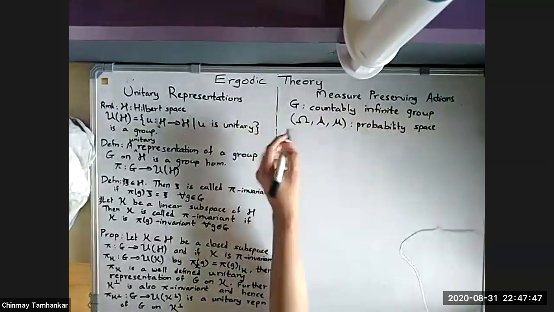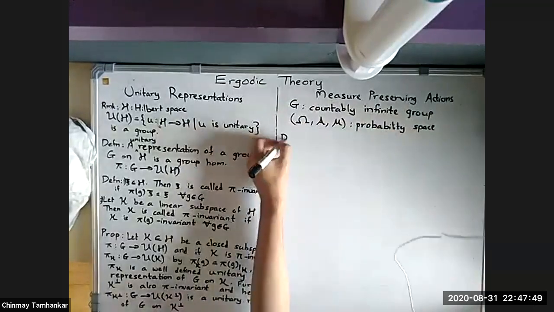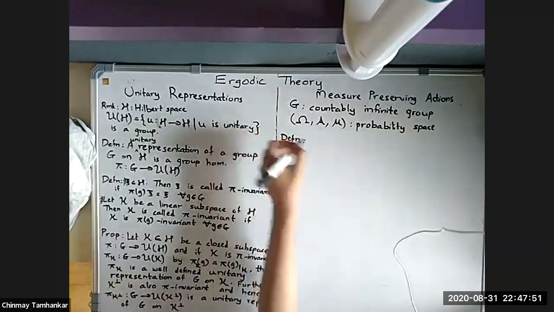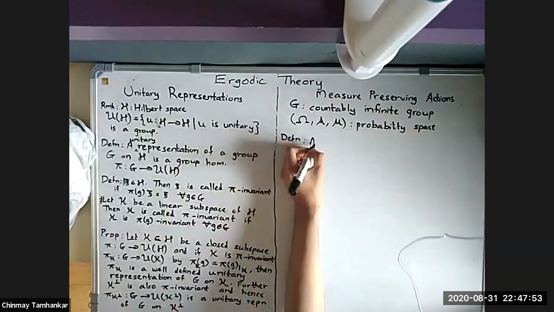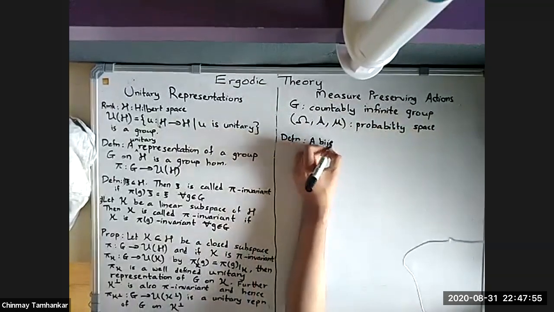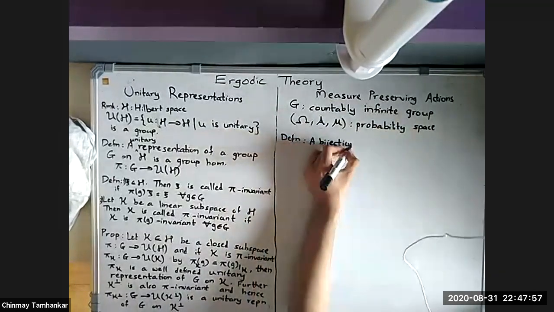Then we define what is a measure preserving transformation. First of all, phi is a bijection on omega.